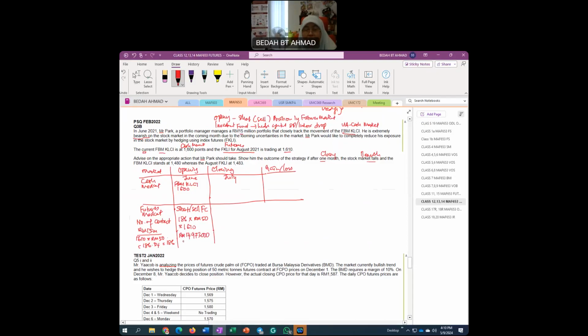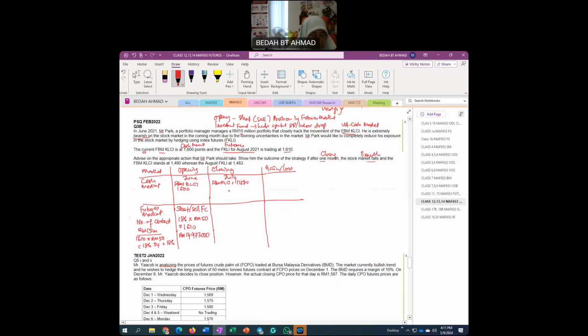Okay, next, on closing, they close in July. Even when buying August, you can close it earlier, no problem. In the actual cash market, the FBMKLCI has now dropped to 1480.